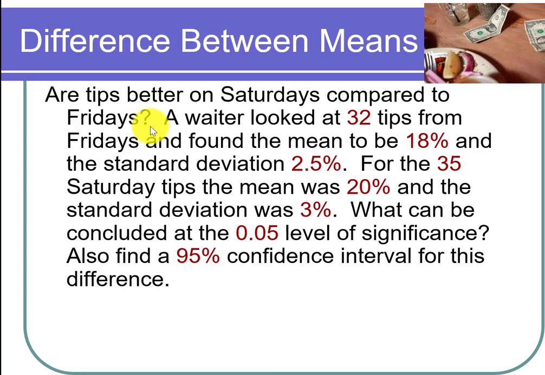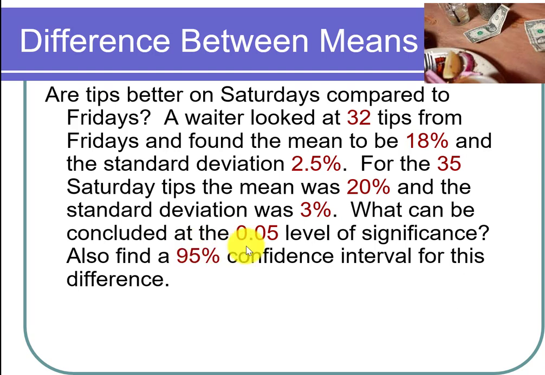What are they really tipping? Okay, a waiter looked at 32 tips from Fridays and found the mean to be 18%, and the standard deviation was 2.5%. For the 35 Saturday tips, the mean was 20%, and the standard deviation was 3%.